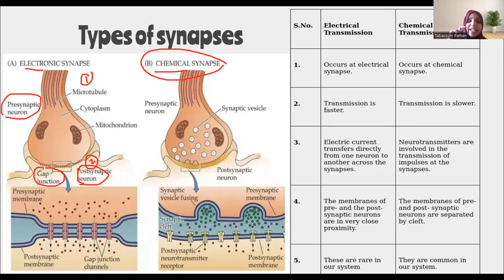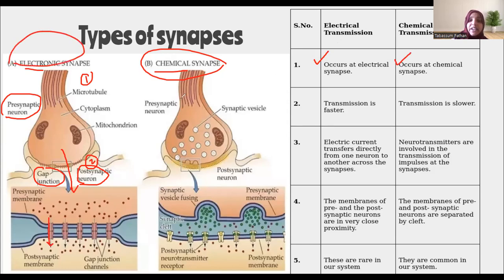When there is an electrical synapse, gap junctions will be present, and the presynaptic neuron and the postsynaptic neuron are very close together. The electrical signal will be transferred directly from the pre to the post through these gap junctions. So electrical transmission occurs at an electrical synapse, and chemical transmission occurs at a chemical synapse.